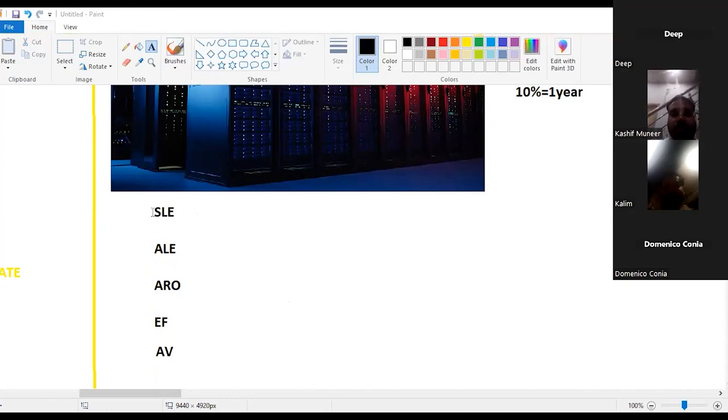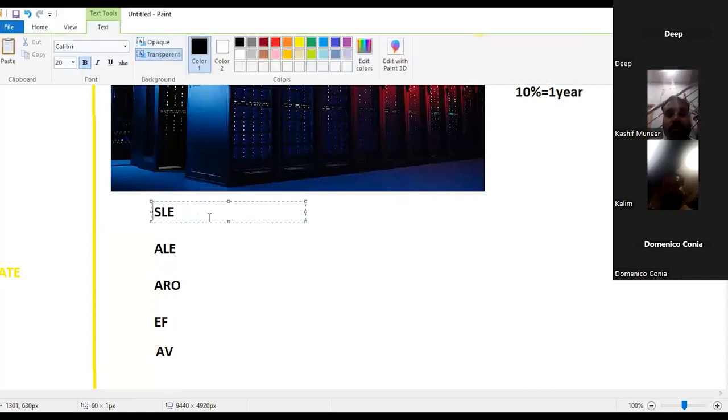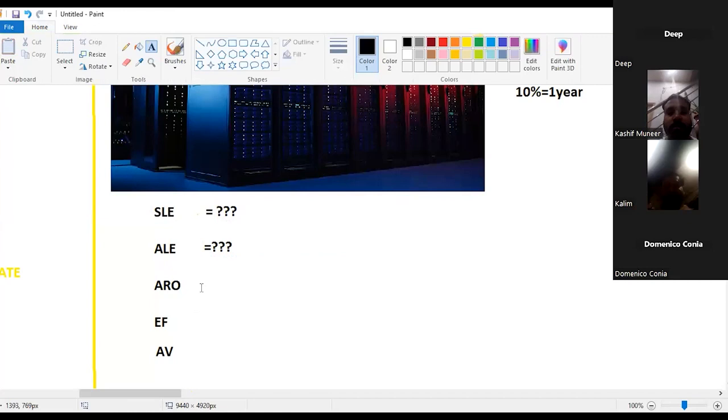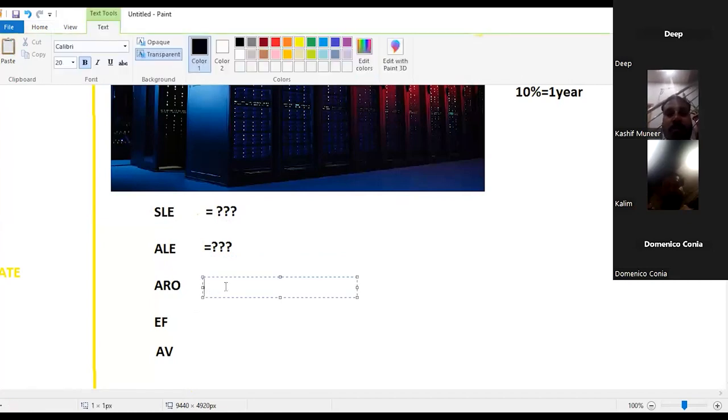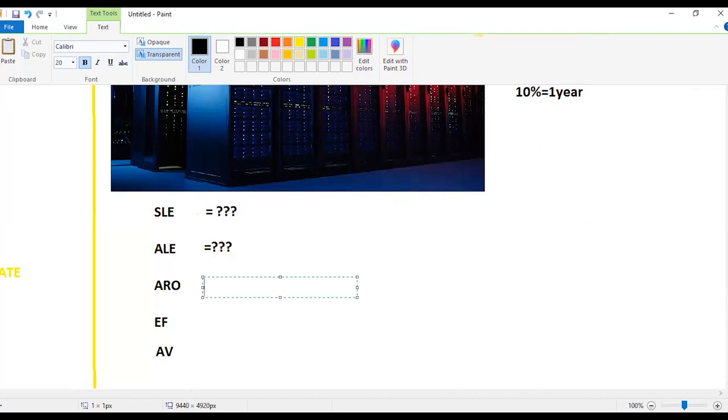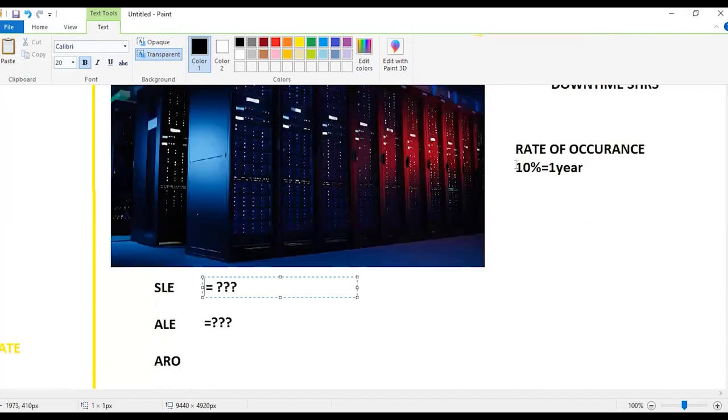Single loss expectancy, we need to find it. We don't know what it is. The annual loss expectancy as well. And the ARO, the annual rate of occurrence: how much is it? The annual rate of occurrence is 10%.